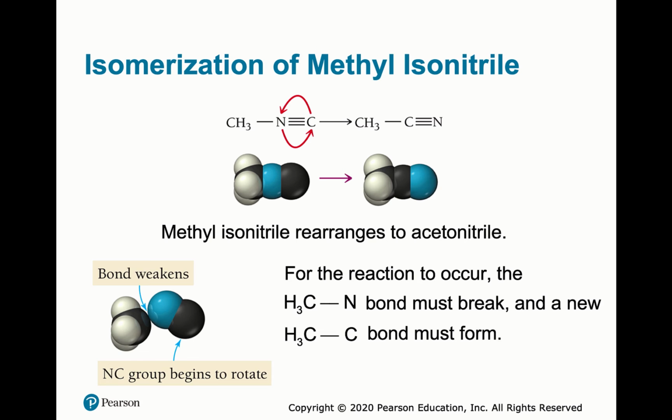An example here is methyl isonitrile rearranging. There has to be a bond break and a new bond form. So of course, as this happens, it's going to take energy.